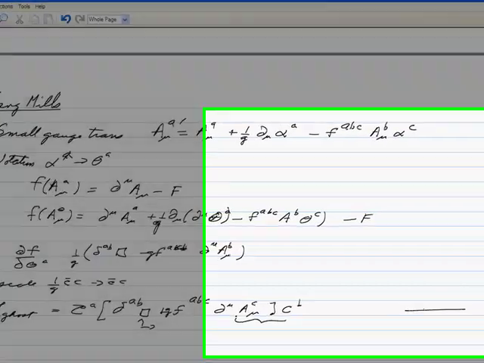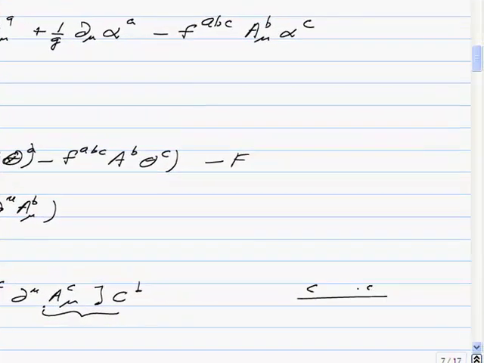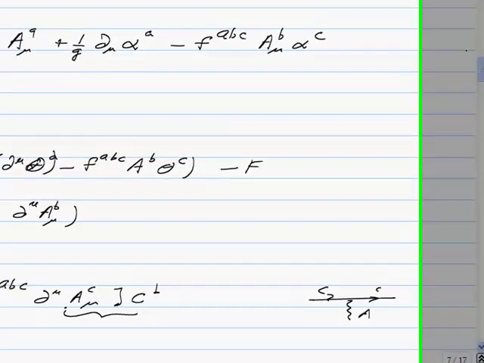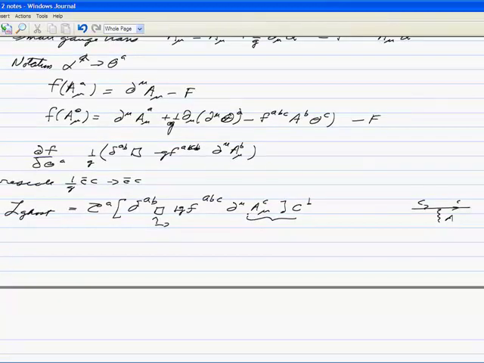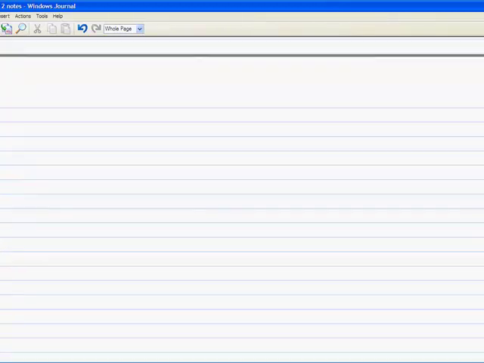In particular, there's an interaction that takes this C field to a gluon, which we'll write out the Feynman rules for. Okay, so here we've then got the constraint in terms of these ghost fields.